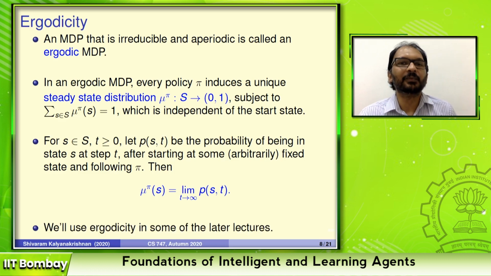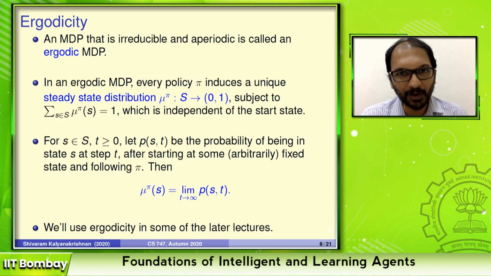Okay, so ergodicity is something that we will probably encounter a little bit later. We're not going to need it right now, but given that we are stating the problem here, I thought I'll include it as a part of the assumptions that we are making. So again, what have we been doing in the last few minutes?